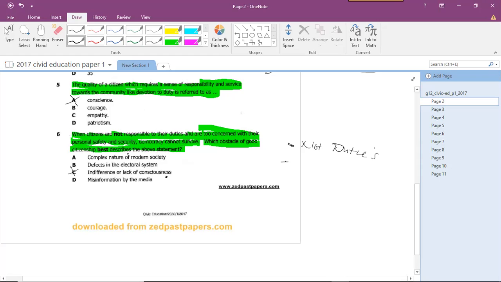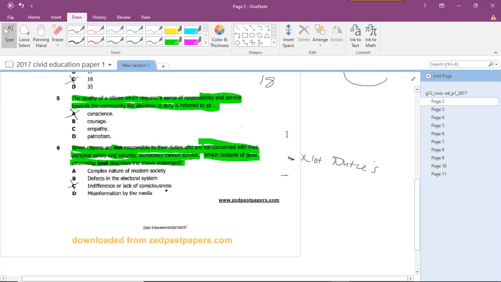Having no aspect of social duty whatsoever, that's lack of consciousness, and simply just worrying about your personal safety and security, that's a feeling of indifference. So the answer is indifference or lack of consciousness. So at least question 6 directly links to question 5. If you understand question 5, you can easily answer question 6.